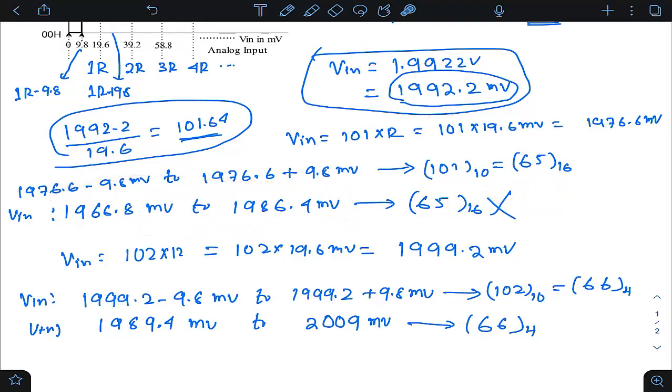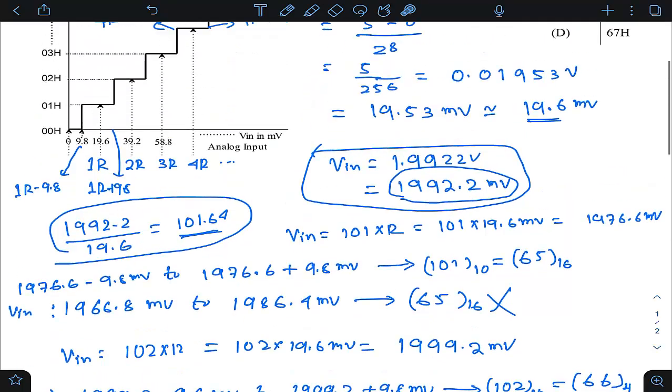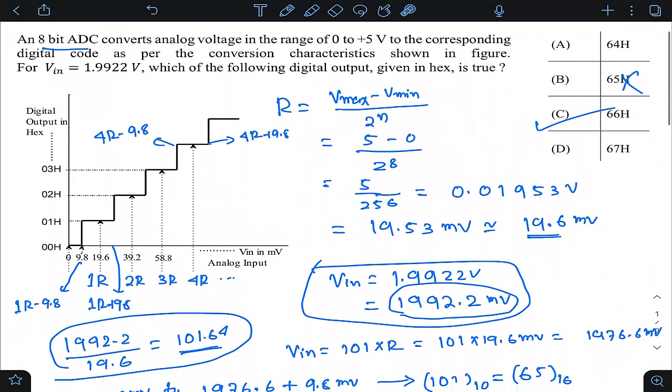Then I went to the next, 102R. By taking 102R and doing minus plus 9.8 millivolts, if the input is in this range, the output is 66 hexadecimal, and of course the input is lying in this range. So the answer has to be 66 hexadecimal. So the answer is option C, right?